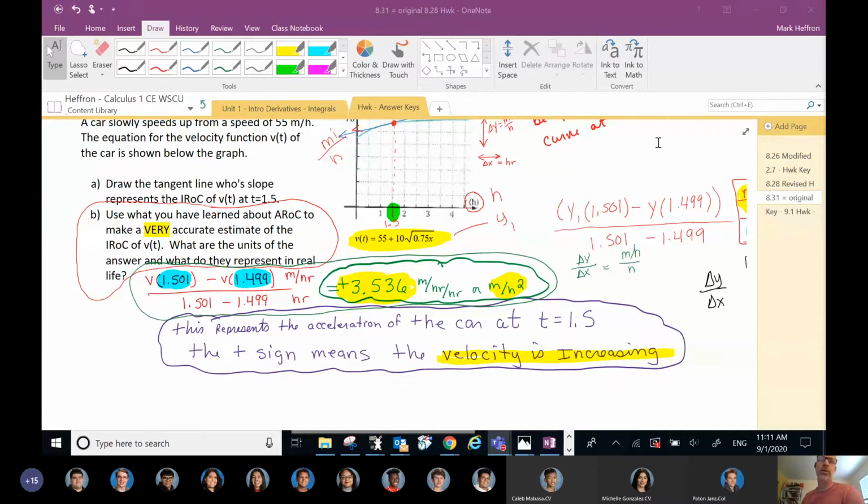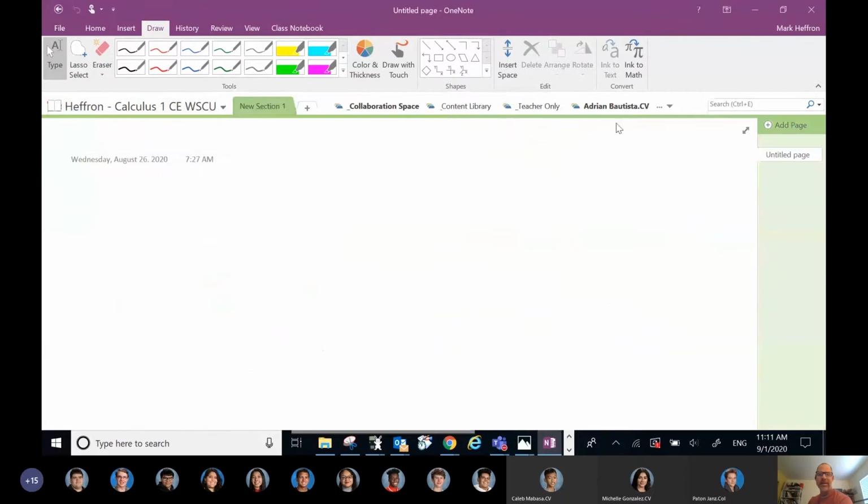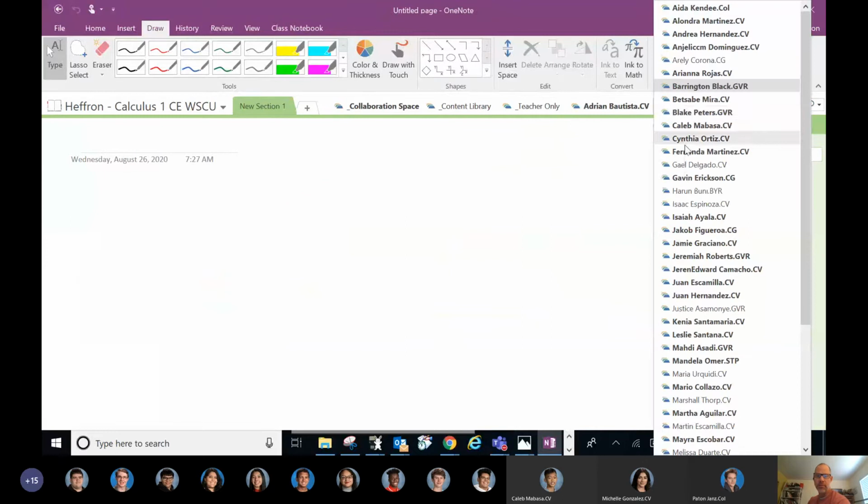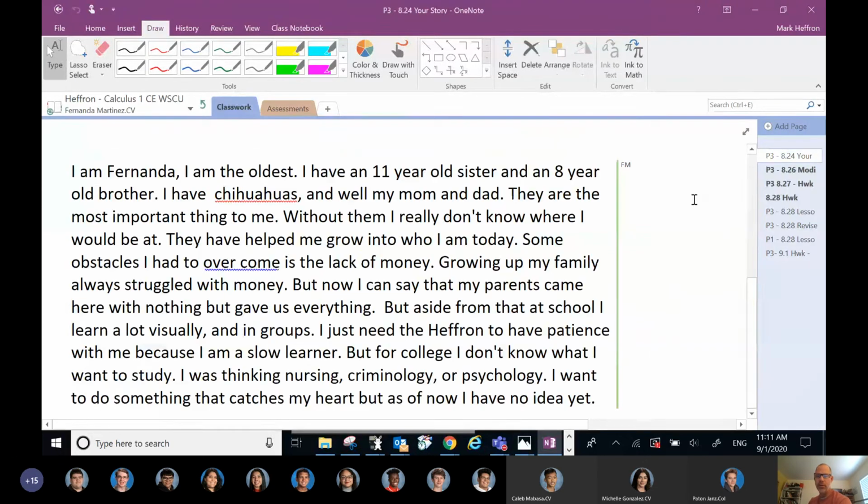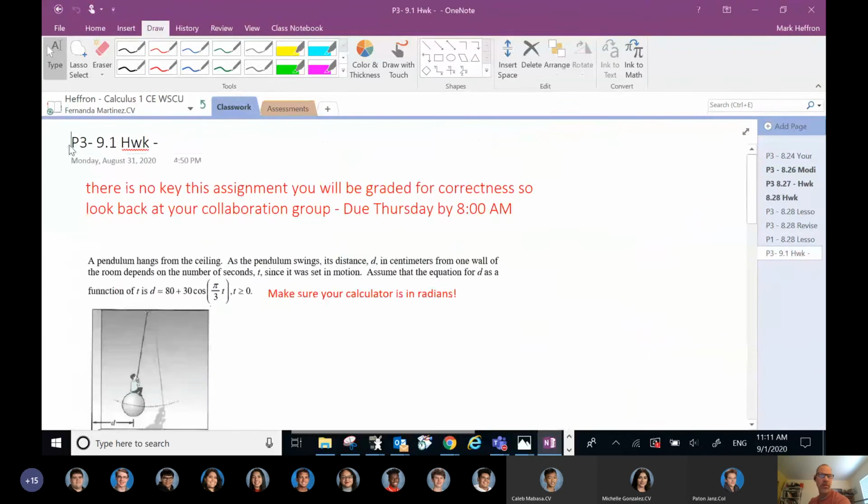So now what I want you to do is look in your student page. Where do you find your student page? I can see all of yours. I'm just going to look at Fernanda's. She should have period 3, 1.9 homework. I want to make sure that everybody can find their period 3, 1.9 homework in their student page.